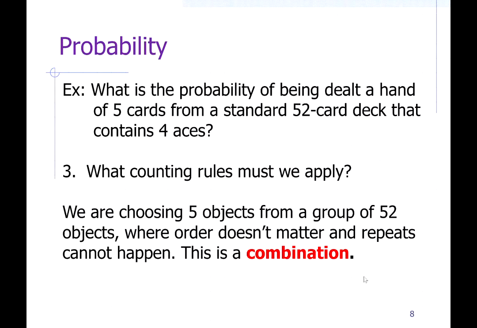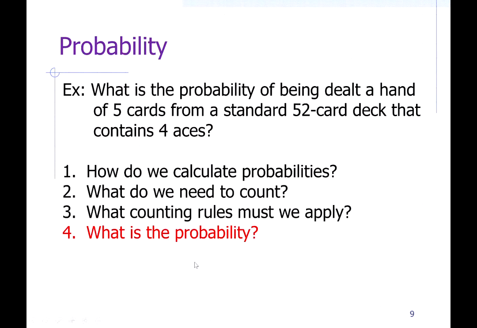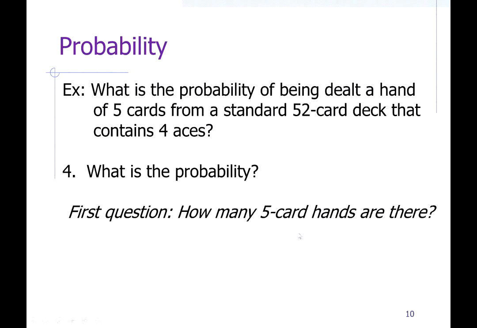We could use a calculator, we could use paper and pencil, or we could use Desmos. Okay, and then finally, once the counting is done, then we divide those 2 numbers and we'll have the probability. Okay, so let's go through the process.